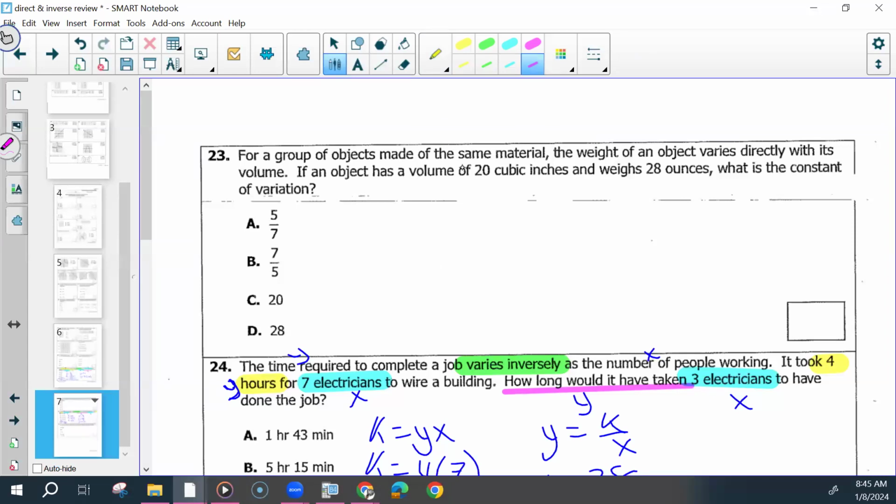What's important here? And what are we looking for? Constant of variation is what? What are we solving for?